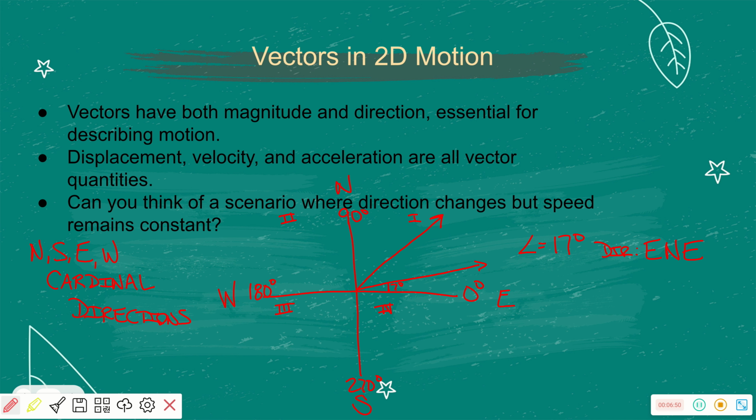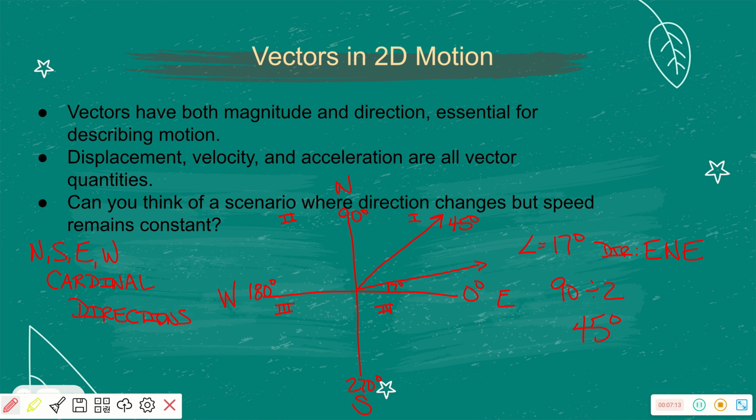If it's not 30 and it's not 60, how would you find it out? First of all, you would do 90 divided by 2. What's half of 90? 45 degrees.